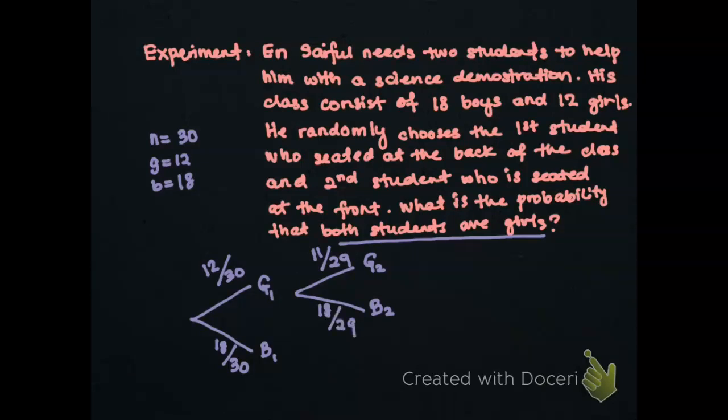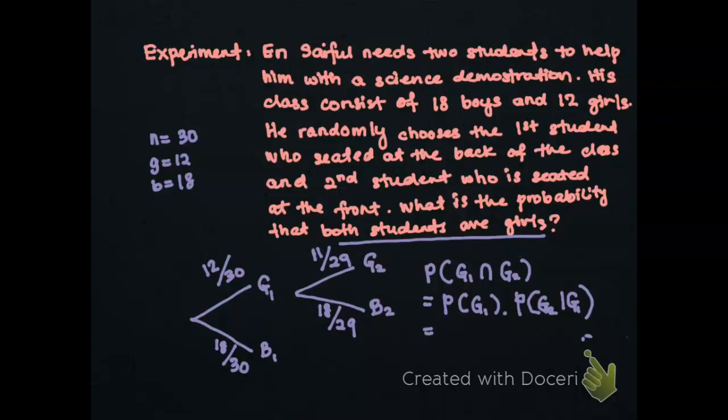The probability that you want to find is that both students are girls. The first event you choose is a girl, and the second event that you choose is also a girl. So it will be the probability of selecting a girl at the first event times the probability of selecting a girl at the second event, given that the first event selected is also a girl.